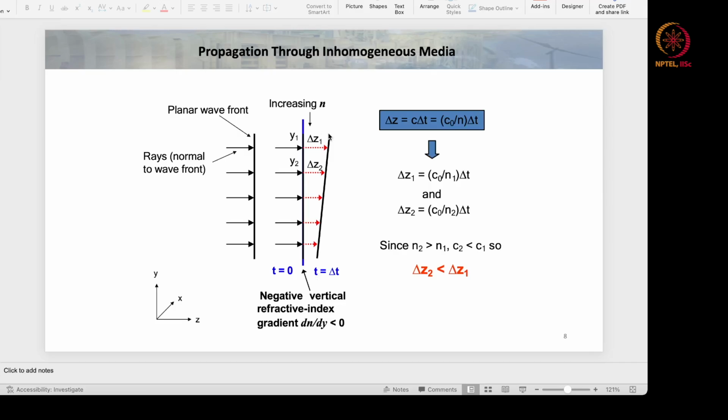As a result, their wavefront is no longer planar, but exhibits an angle. So this is at t naught, and this is at t equal to 0 plus delta t. As you can see, they traverse different distances because of this gradation of refractive index. You can imagine this to be like a candle plume or something else. That means it's lighter on the top and colder at the bottom. That is what it is.